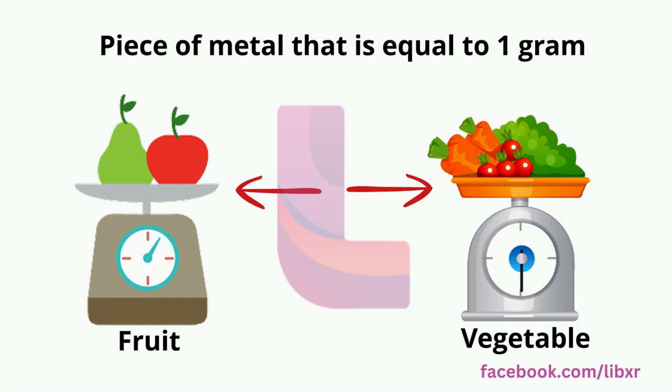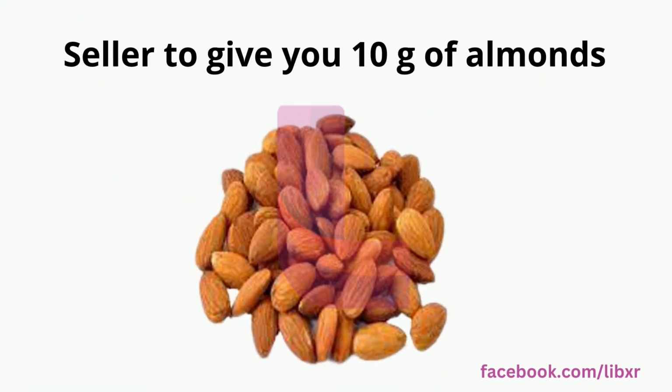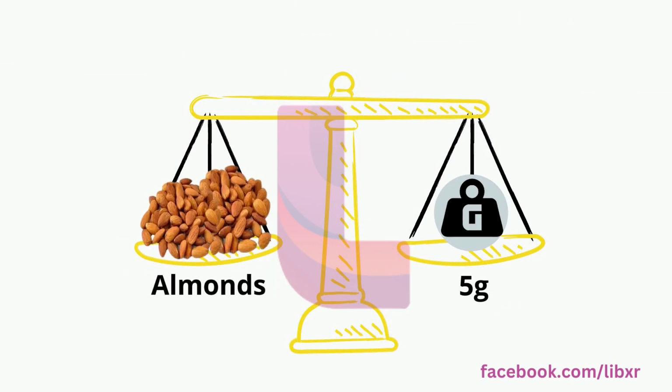Now, if you ask the seller to give you 100 grams of almonds, he will put a rock or metal of 100 grams in one pan and start placing almonds in the other pan. And as soon as both pans are balanced, he will stop placing more almonds and give you the almonds that are in the pan. Since the scale was balanced, it means the almonds are equal to 100 grams, as we know the rock or metal has 100 grams weight.